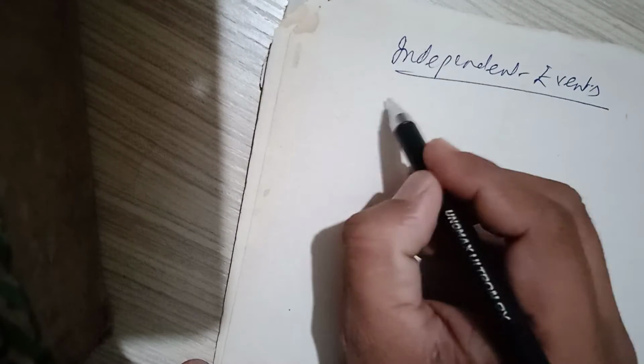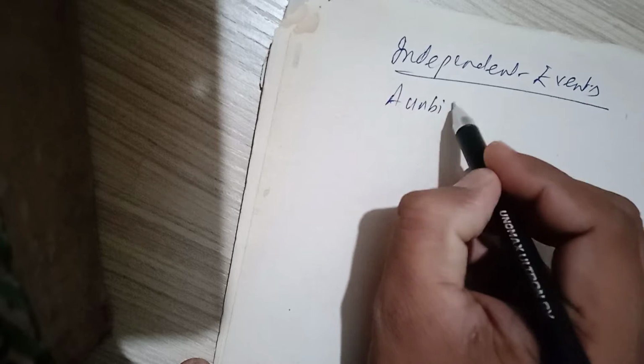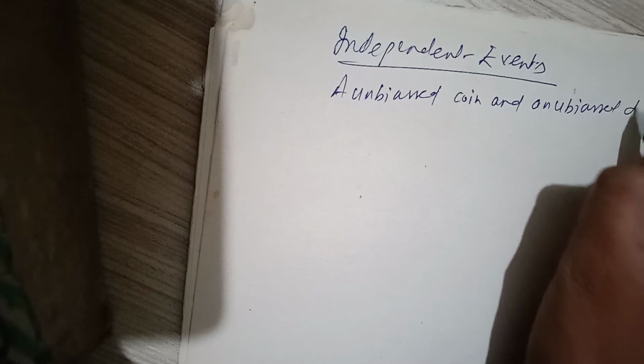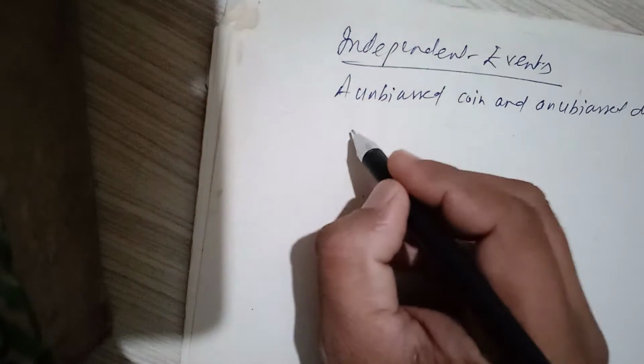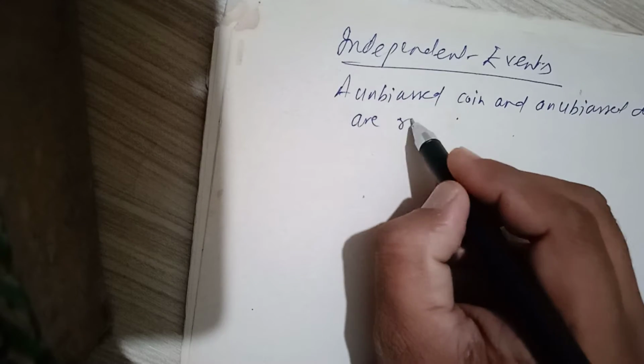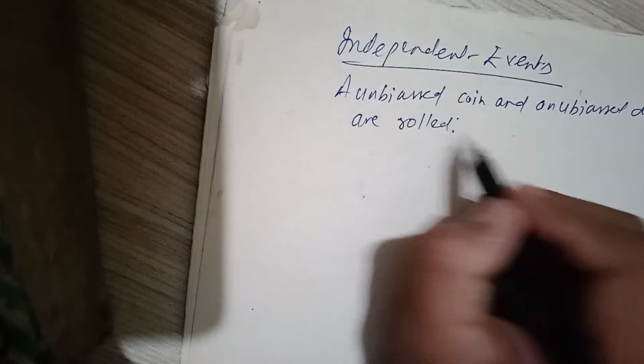Suppose an unbiased coin and an unbiased die are rolled. An unbiased coin is tossed and an unbiased die is rolled. Then what happens?